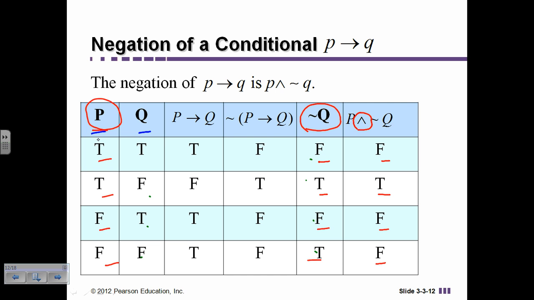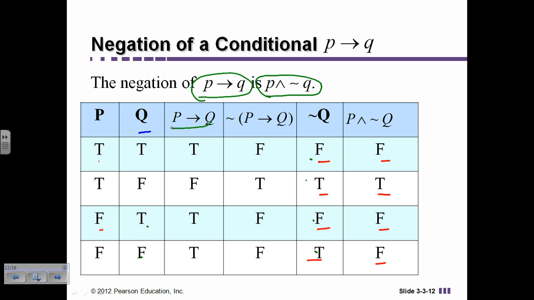Okay, and here's our last step. The point of this chart was to show that the negation of P implies Q is equivalent to P and not Q. Oh, I'm sorry, I hesitated. I thought I wrote something wrong.